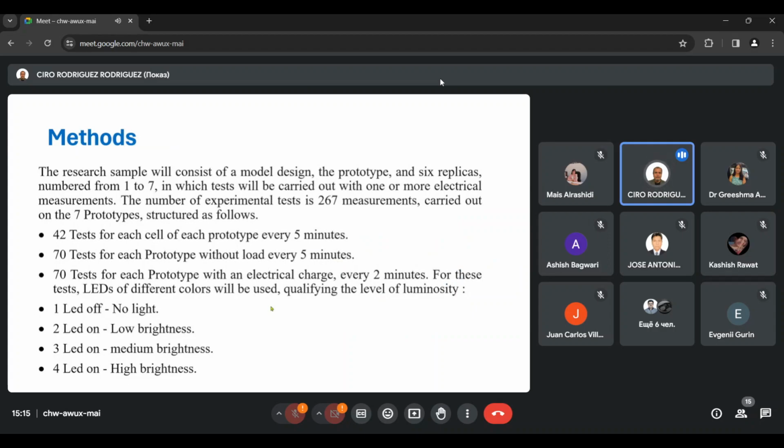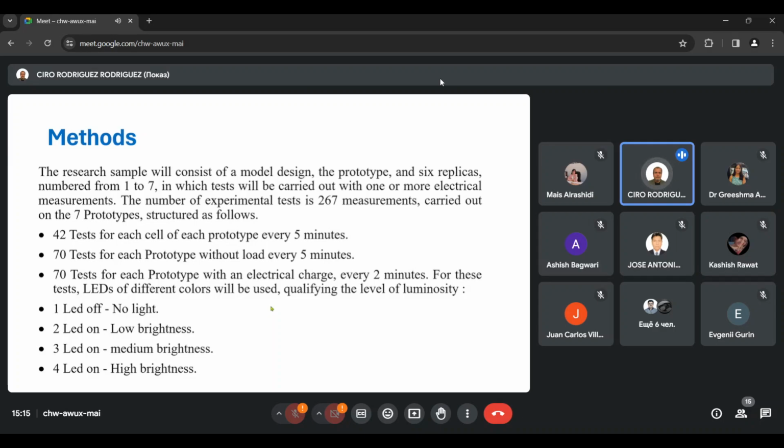So for this, to construct this prototype, 6 replicas were designed, numbered from 1 to 7, prototypes in which a test was done that will carry on with one or more electrical measurements.